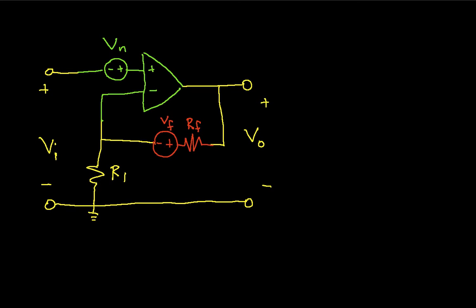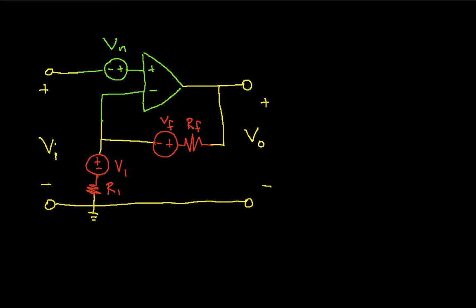And finally, we'll chop out this real resistor here and replace it by an ideal noiseless resistor and a voltage source. So this is R1 and V1. And in the previous video, we showed how to determine the values for V1, Vf, and Vn.